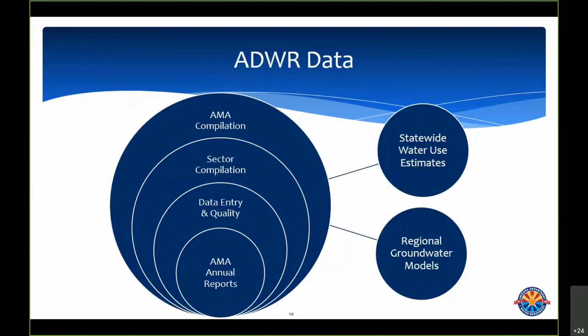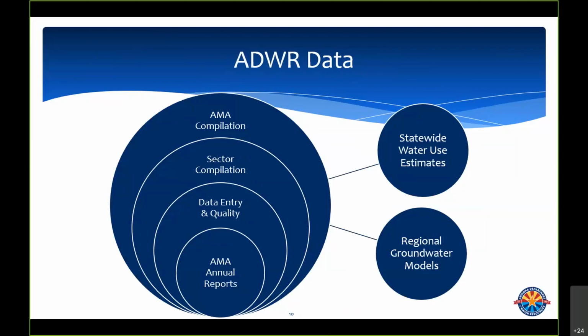So each year, annual reports are due on March 31st. That data that comes in through those annual reports in the AMAs goes through a quality control process, gets entered into our databases, gets compiled to the sector and AMA level, and all of that AMA compilation takes through about November each year.